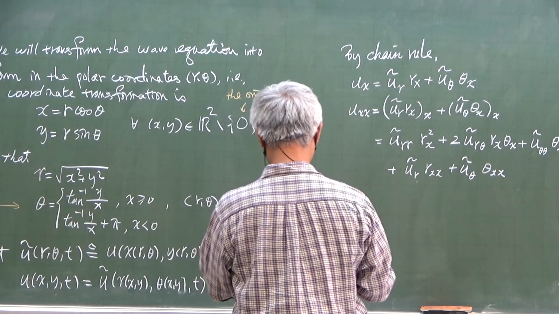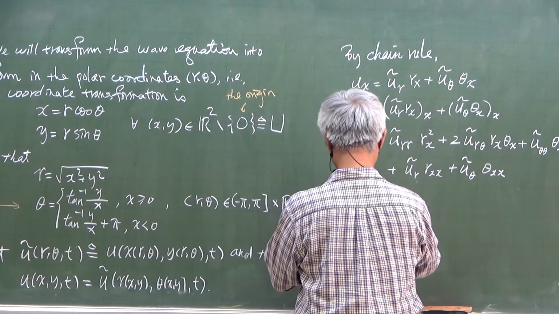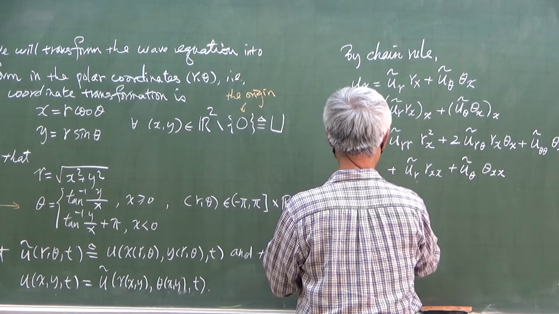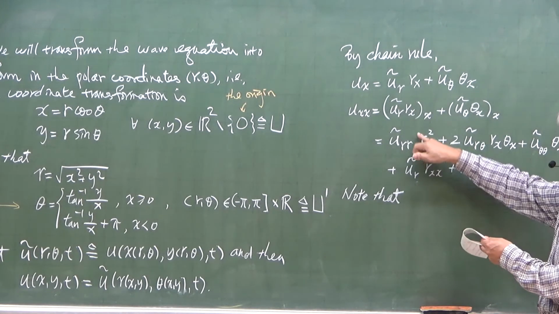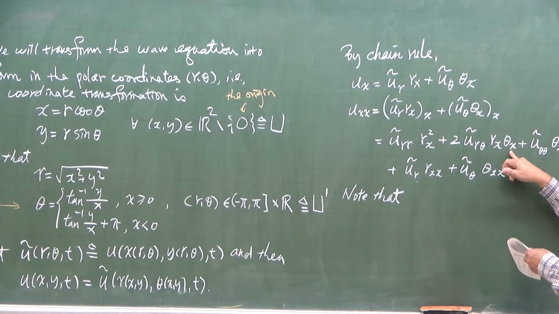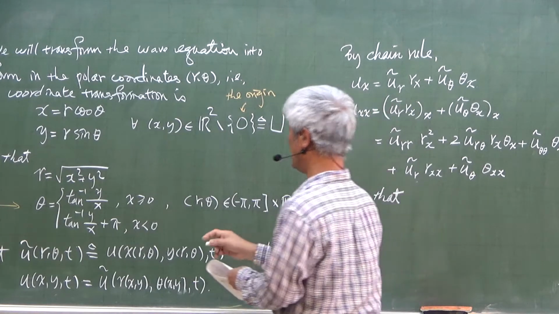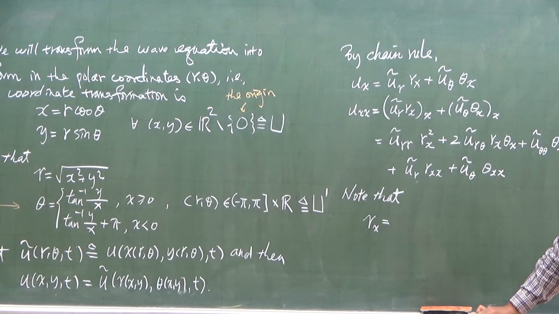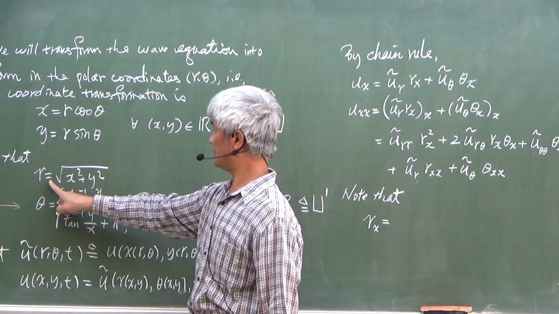Now we will need the partial derivative of r with respect to x, the partial derivative of theta with respect to x, and other things. So we know r as a function of x and y.